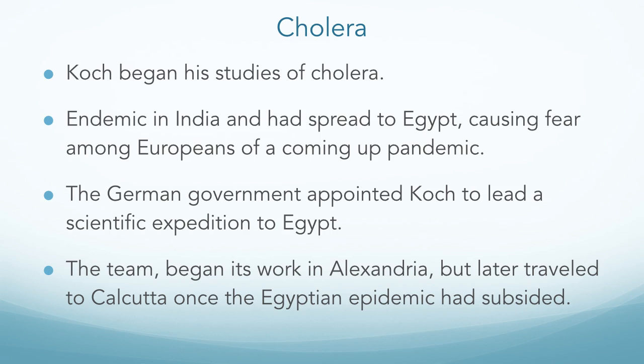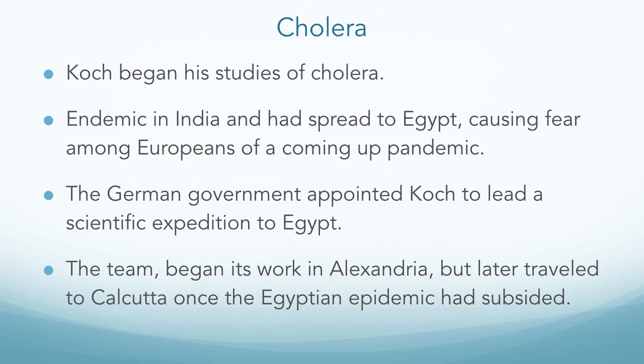Cholera was endemic in India and had spread to Egypt, causing fear among the Europeans of an upcoming pandemic. So the government of Germany appointed Robert Koch to lead a scientific expedition in Egypt in order to solve the problem of the spread of cholera.